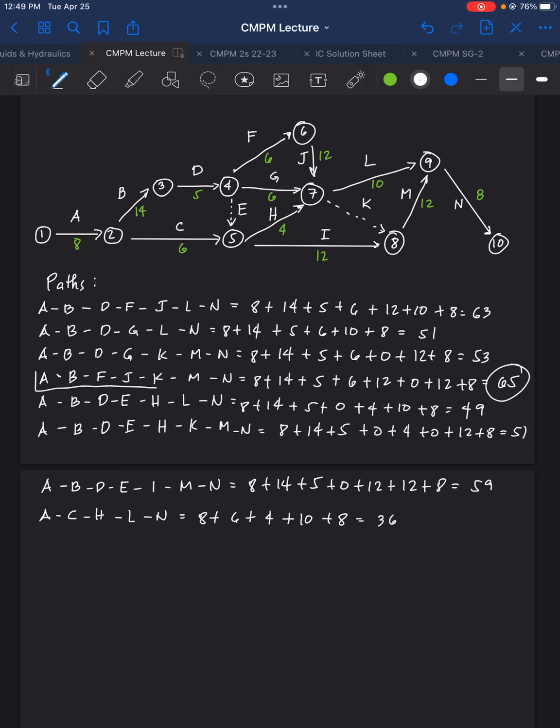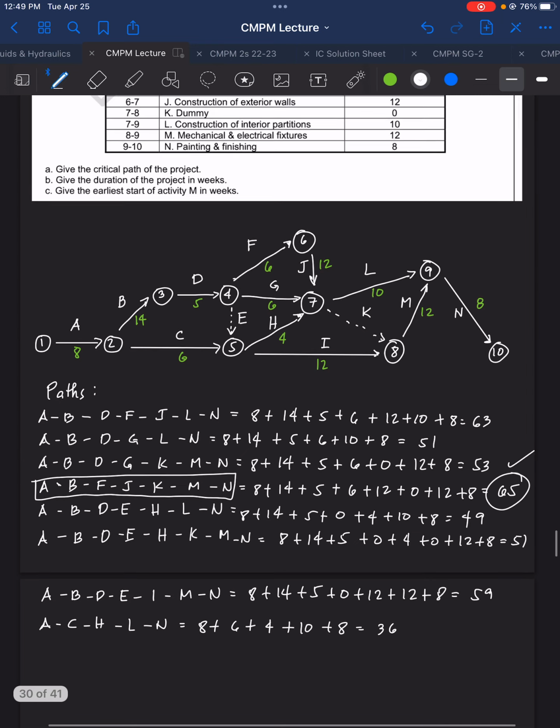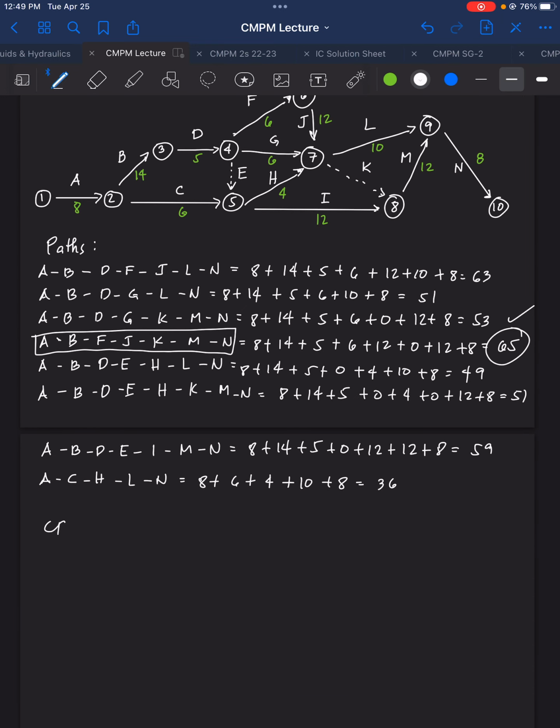So this is our critical path. And this 65 weeks is the duration of the project. Okay. So critical path is located in A, B, F, J, K, M, N path, and that is 65 weeks duration.